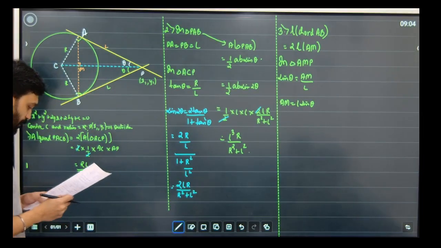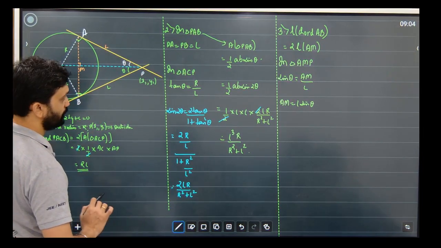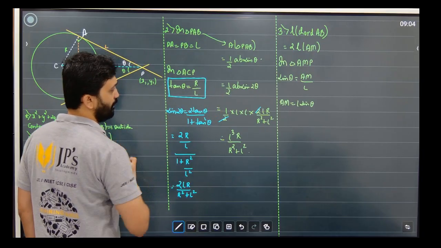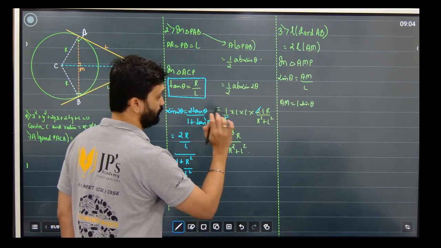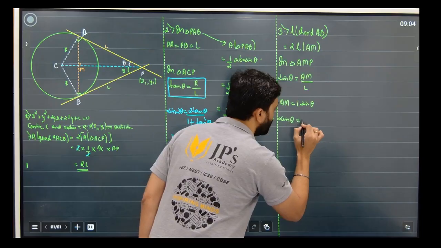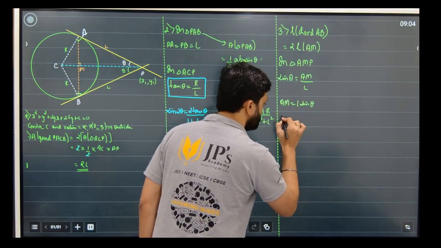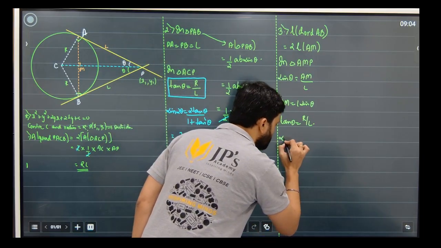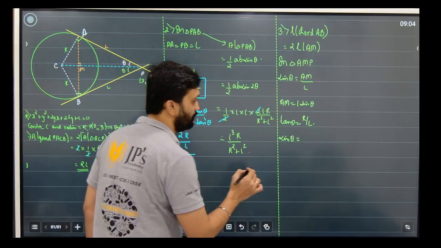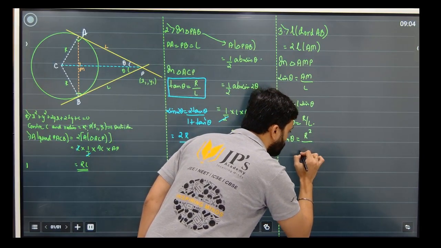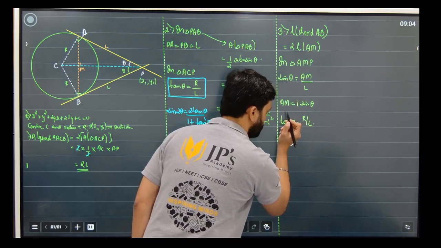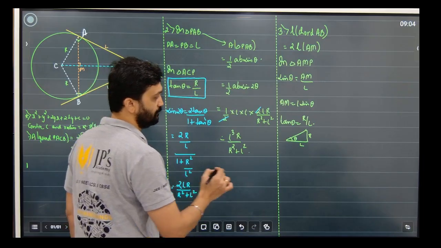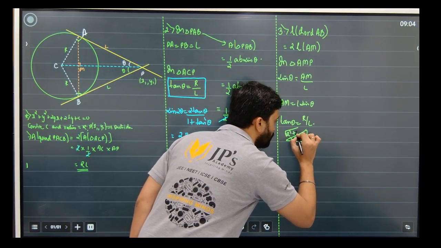Now AM is equal to L sin theta, and I know that tan theta is R upon L. Imagine tan theta is R upon L. This is theta, this is R, this is L. Can you tell me what will be sin theta? First I'll find the hypotenuse, that is under root of R square plus L square.